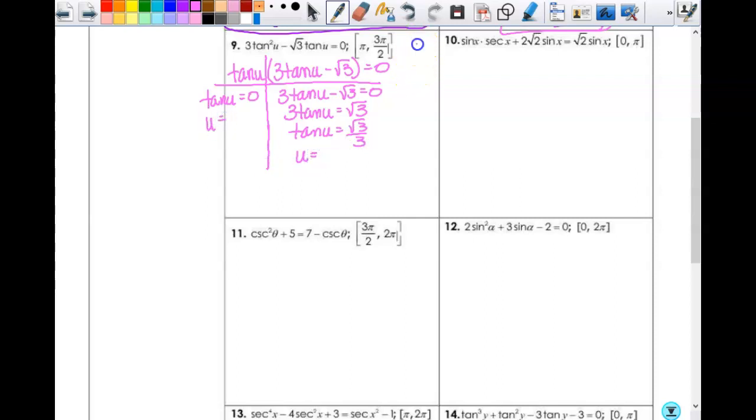Here I'm going from pi to 3 pi halves, just that part of the circle. From pi to 3 pi halves, when does tangent equal 0? At pi. And when does the tangent equal square root of 3 over 3?